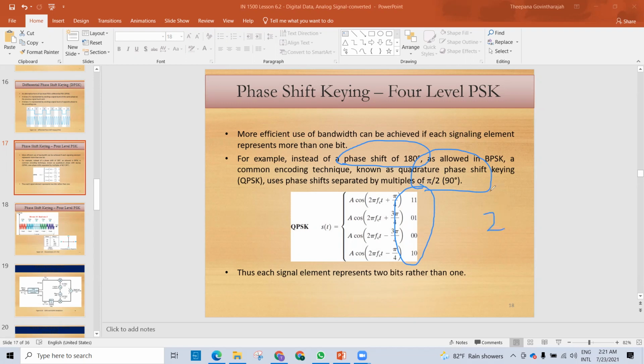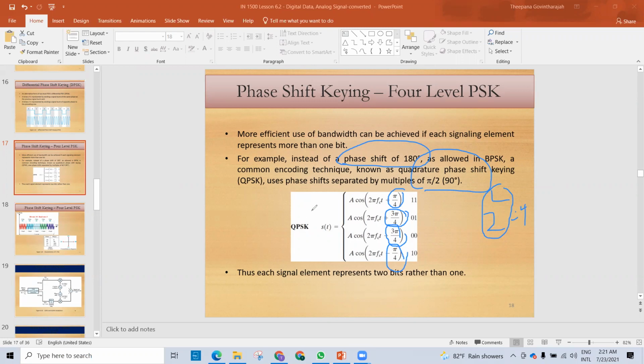So 2 to the power of L, that is 2 to the power of 2, gives 4 combinations. To represent 4 different combinations, we need 4 phases. So we are shifting each by pi by 2. The first is represented by pi by 4, the next 3 pi by 4, the next minus 3 pi by 4, and the next minus pi by 4.